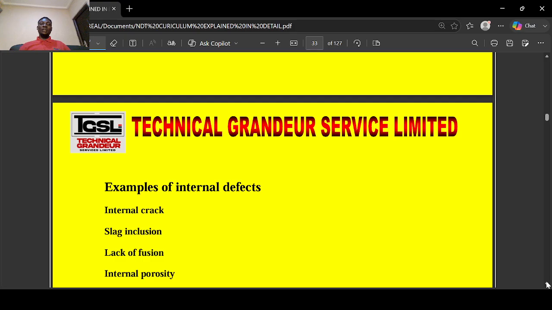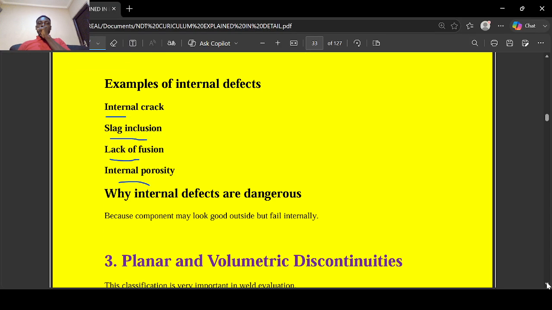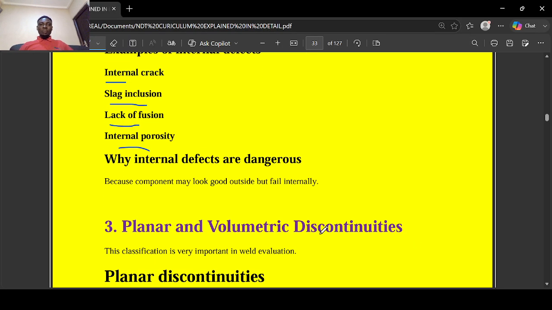Examples of internal defects: we have internal cracks, slag inclusions, lack of fusion, and internal porosity. Understand? Why are internal defects dangerous? Because a component may look good outside but fail internally.